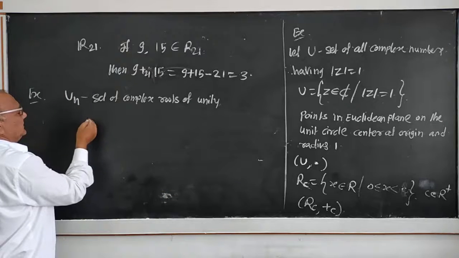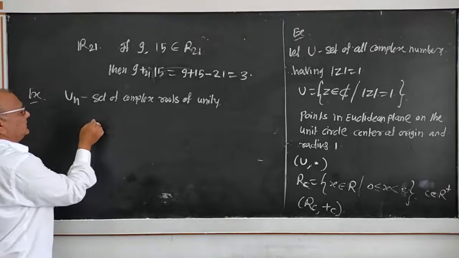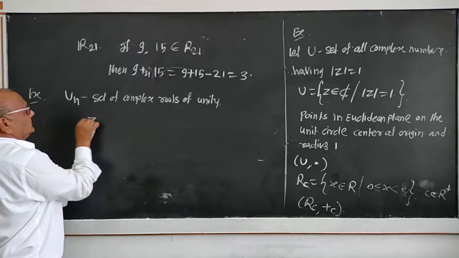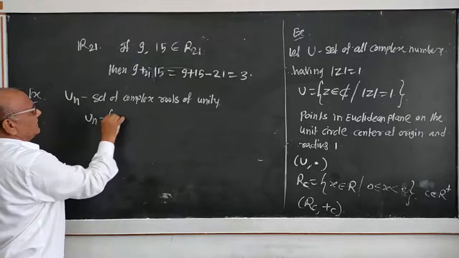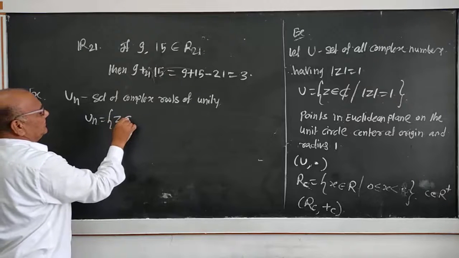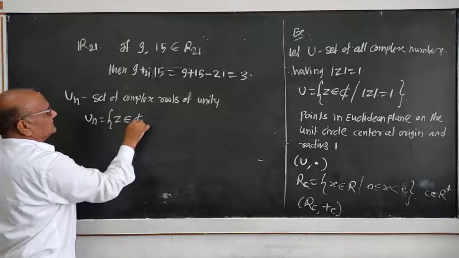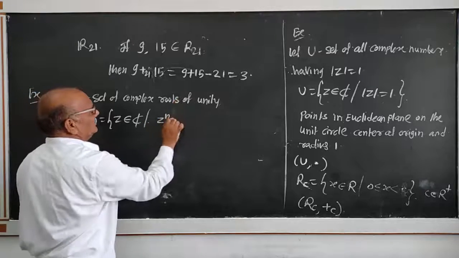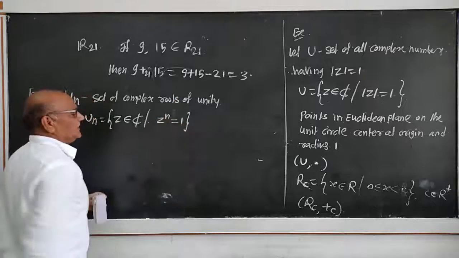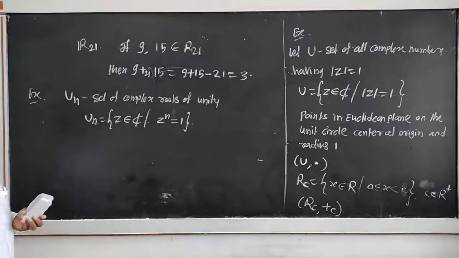That means if you take U_n, z belongs to complex such that z raised to n is equal to 1, the set of all roots of unity.